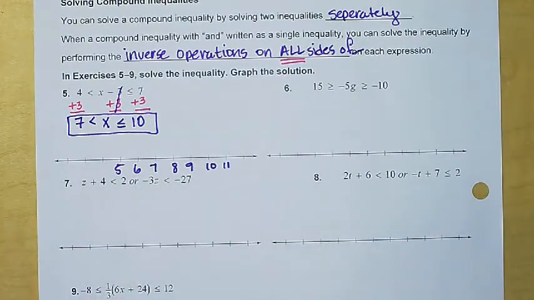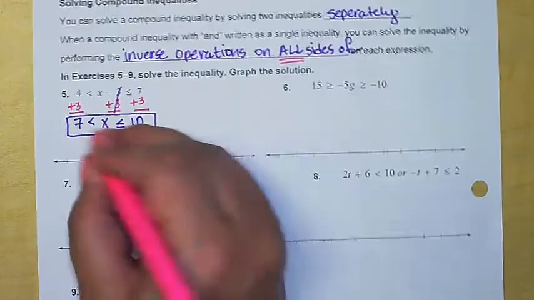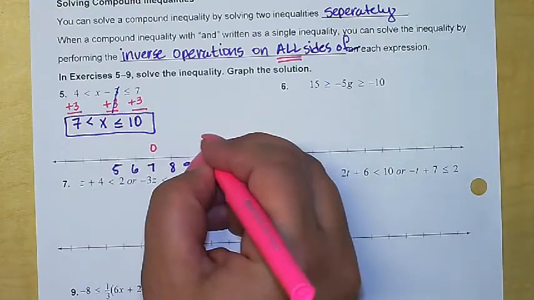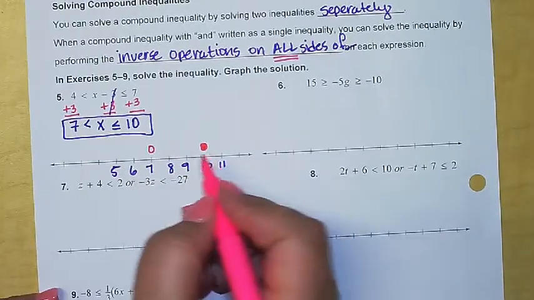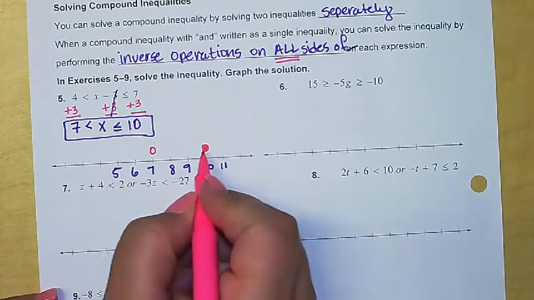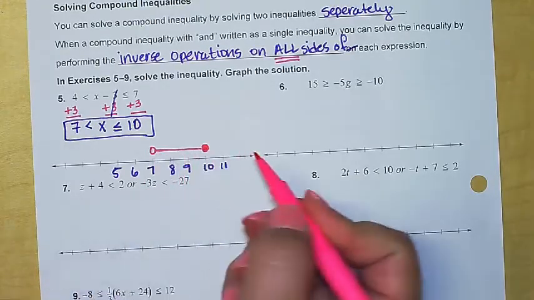And to graph it, I'm going to put a circle on each of those boundaries, so on the 7 and on the 10. The 10 is included, so I'll fill that one in. The 7 was not, so I'll leave that open. And I want all the x's that are in between, that are greater than 7 and also less than or equal to 10, so it's just everything right in here in the middle in between.